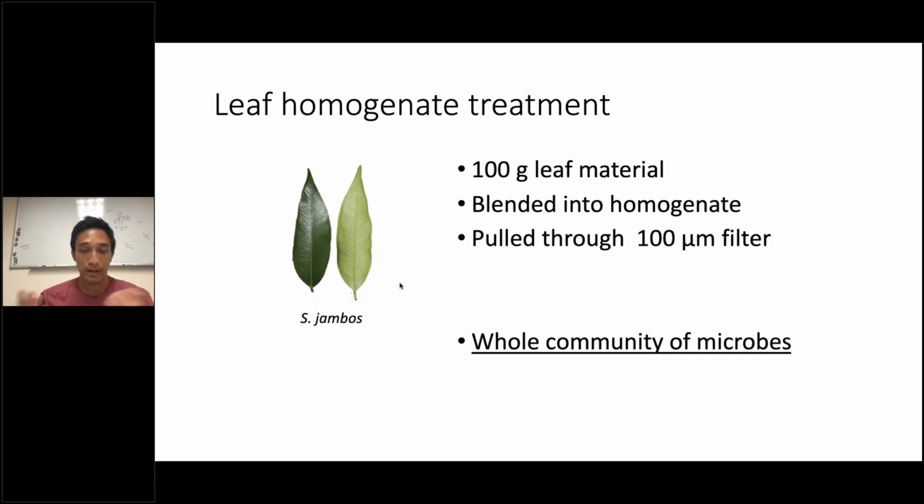With more taxa, we might create some kind of portfolio effect where we would have a higher chance of encountering a beneficial FEF. For this treatment, we blended up leaves, pulled it through a 100 micrometer filter, and then sprayed that onto the plants. This is a representation of a whole intact community of FEF.